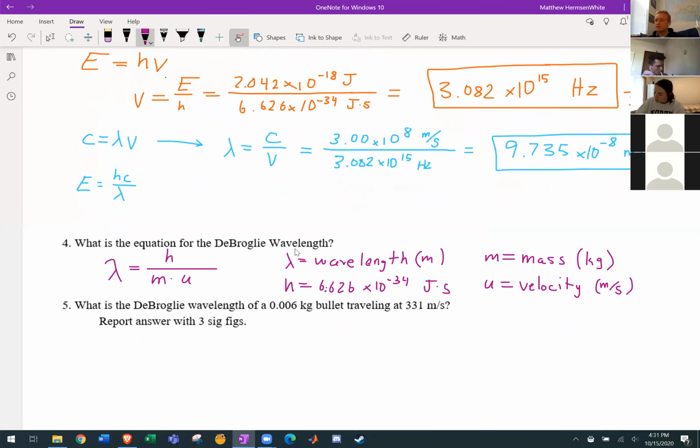Whenever you're asked to do the de Broglie wavelength problems, they're pretty much just plug and chug. So why don't you take a minute and try to crank out number 5. There's no trick question with number 5. It's just plug and chug.